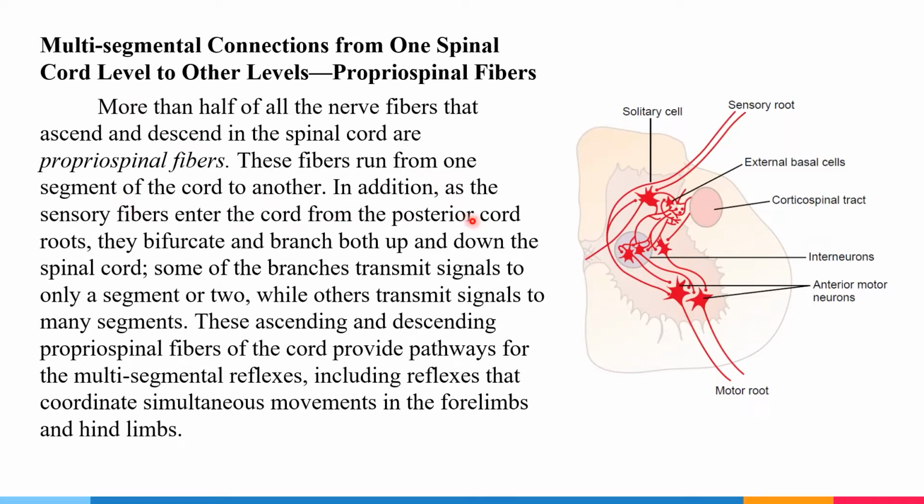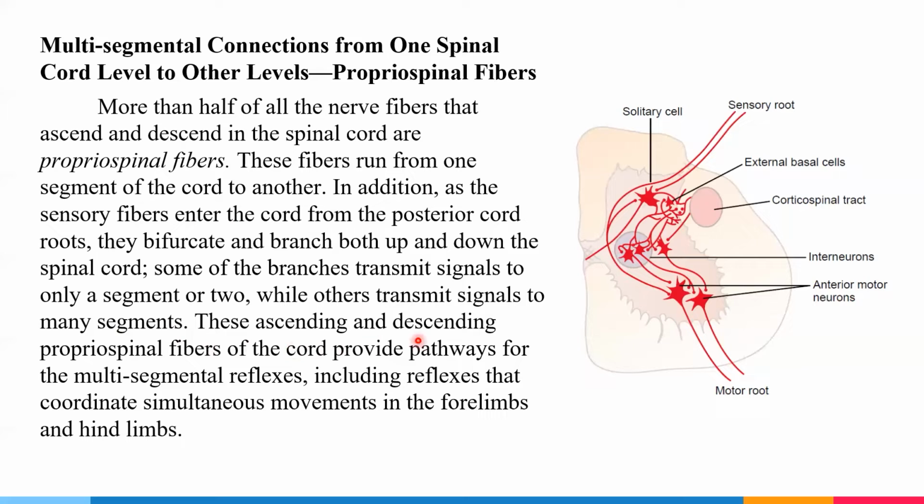In addition, as the sensory fibers enter the cord from the posterior cord roots, they bifurcate and branch both up and down the spinal cord. Some of the branches transmit signals to only a segment or two, while others transmit signals to many segments.